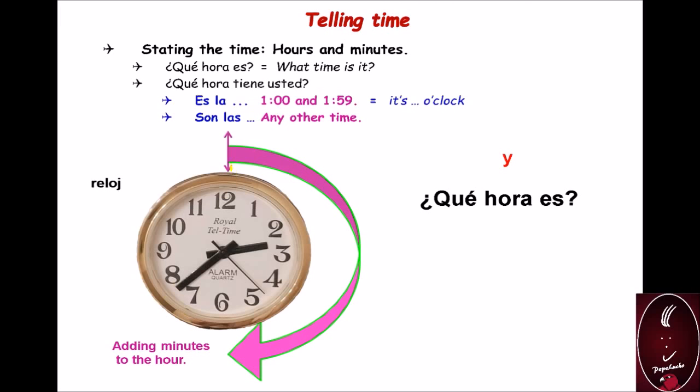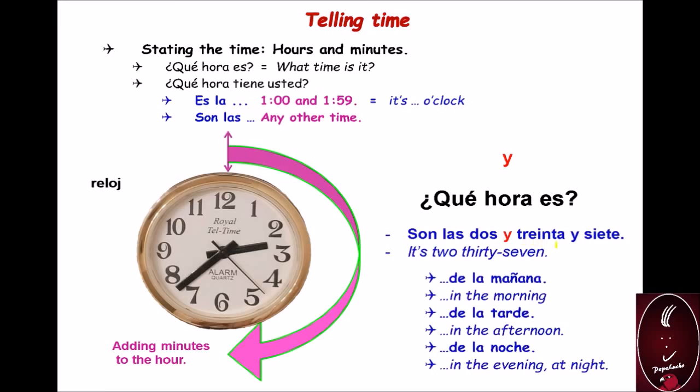En español, 37. The answer is son las 2:37. The answer could be de la tarde. Son las 2:37 de la tarde.